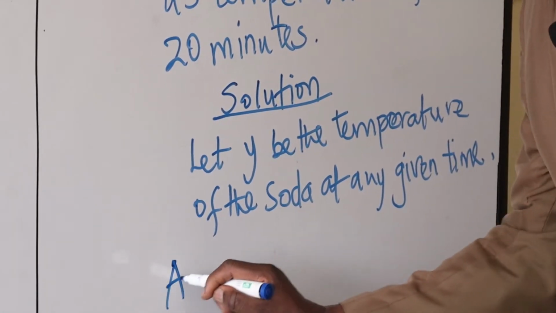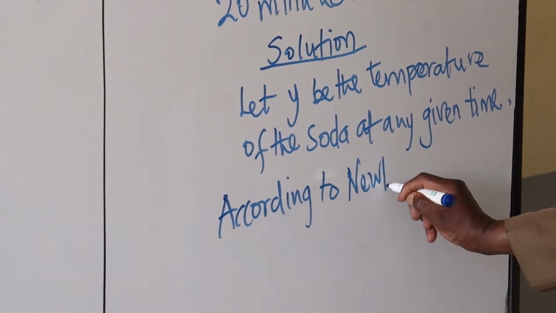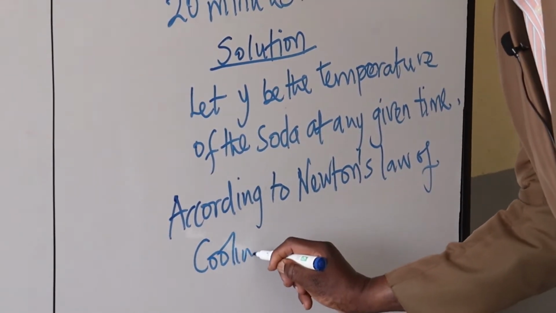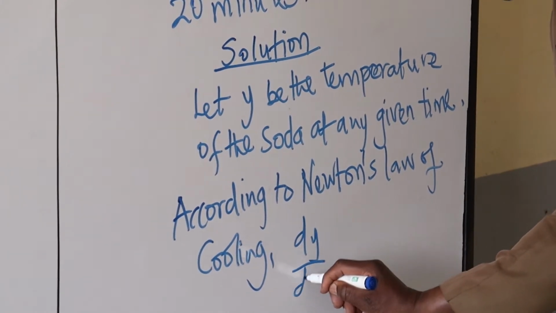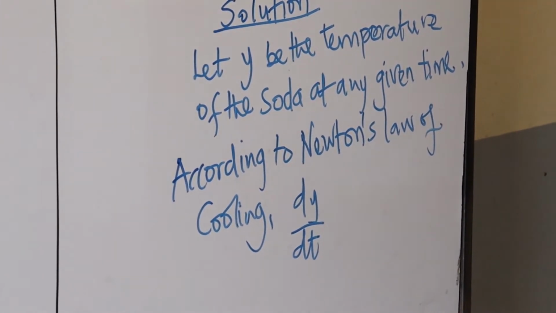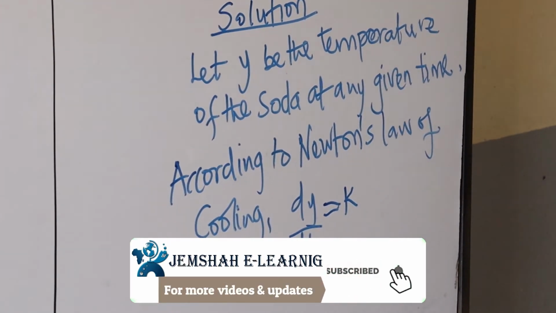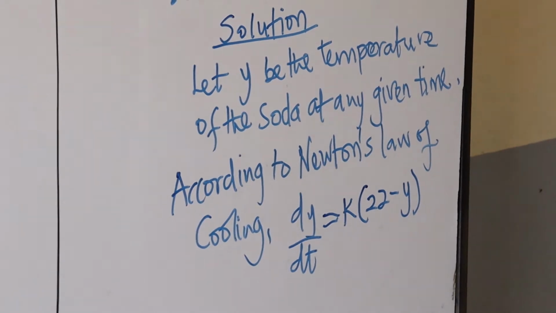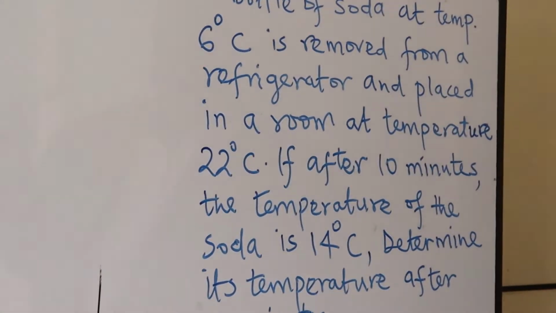So according to Newton's law of cooling, dy/dt, the rate at which the object loses heat because it is now cooling, will be equal to a constant of proportionality multiplying 22 minus y, because it is being placed in a room whose temperature is 22 degrees.